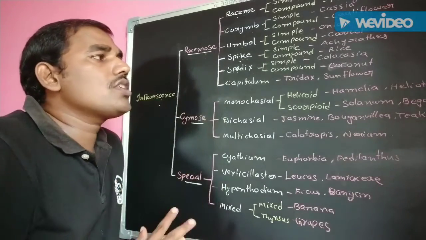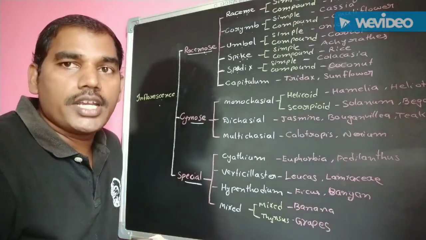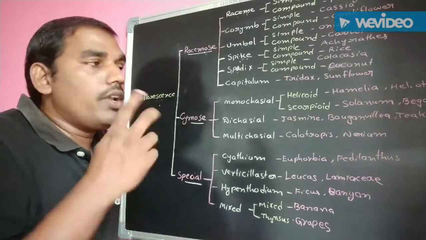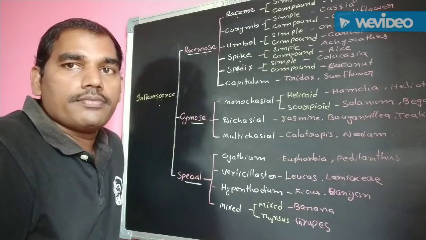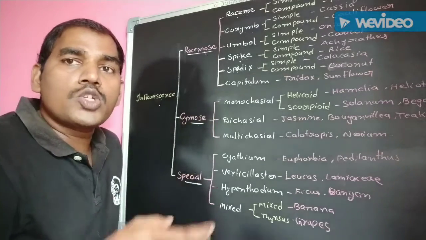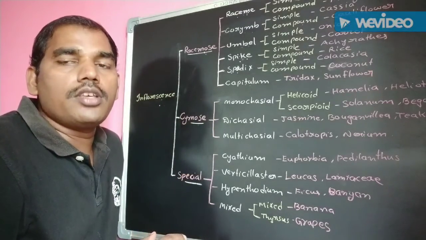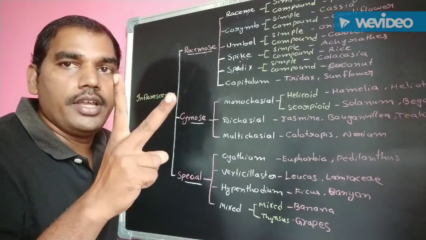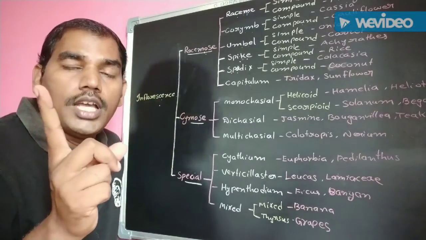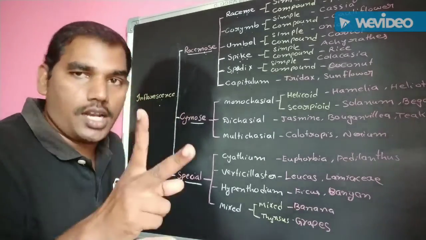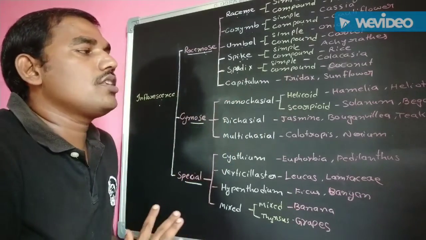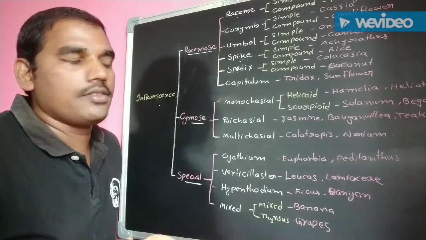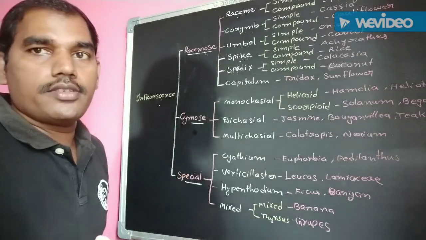In head inflorescence like Tridax procumbens, sunflower, you already know, there are two types of flowers. Head inflorescence consists of two types of florets: ray florets and disc florets. Ray florets are arranged peripherally, disc florets are arranged centrally. Okay, this type of inflorescence is known as capitulum or head inflorescence.